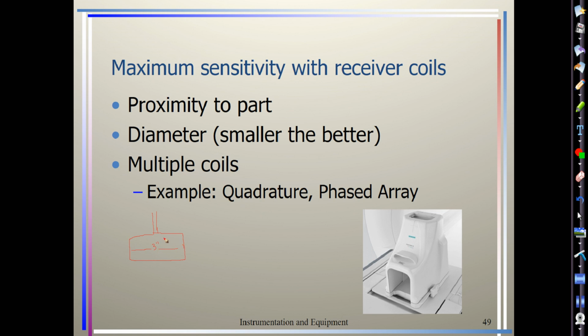So if you laid a flex coil that was 3 inches in diameter on a shoulder, sometimes you'll have to use a flex coil instead of just a dedicated shoulder coil. Just remember, it can only receive signal about 1.5 inches into the patient depth-wise. Okay? So sometimes you might have to put one on the front and one on the back. So just a general rule of thumb is whatever the diameter of that receiving coil is, the maximum signal it's collecting in terms of depth on the patient is half of that.